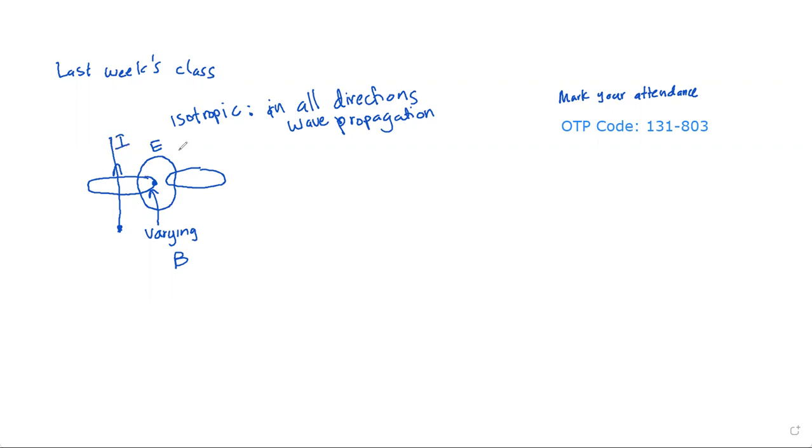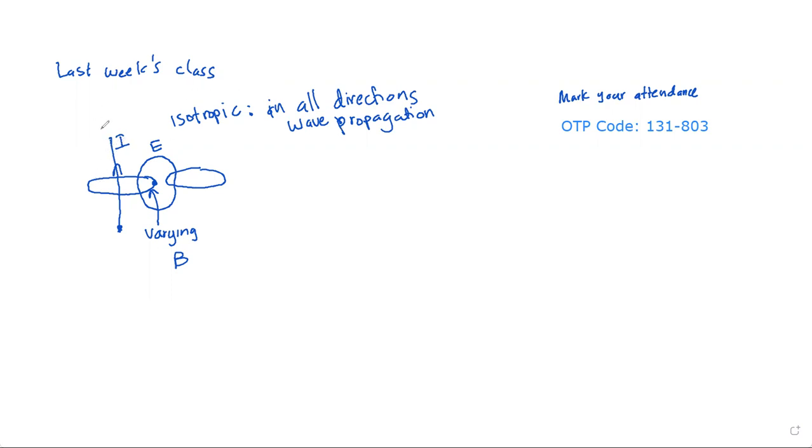To detail it further, we need to use the right hand rule to find the direction of the magnetic field and then the electric field. First we find the direction of the magnetic field using the right hand rule around the metal conductor.